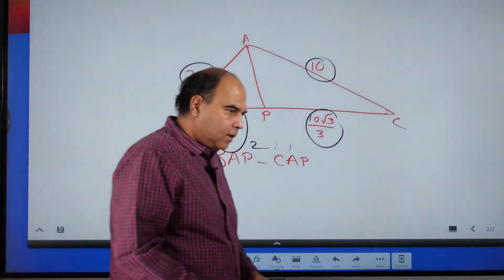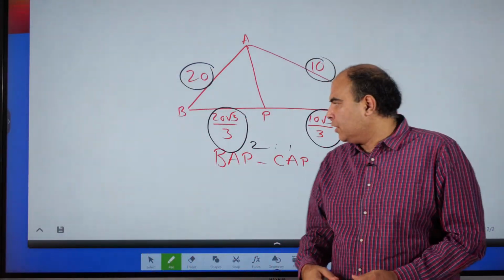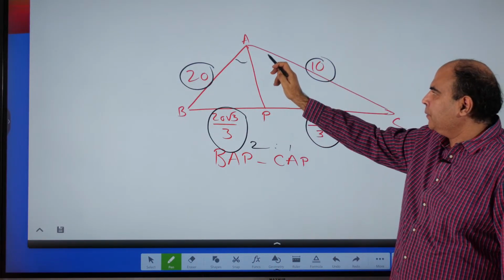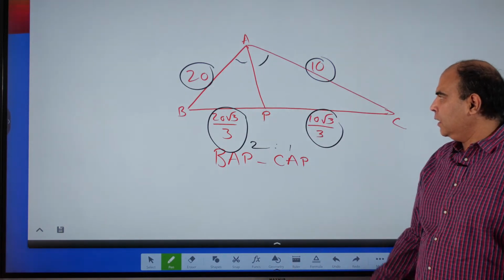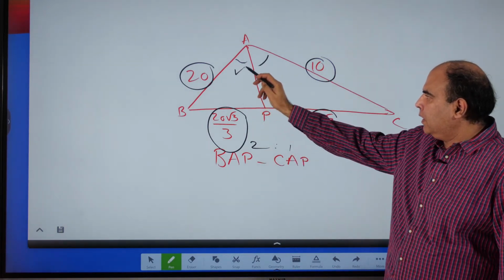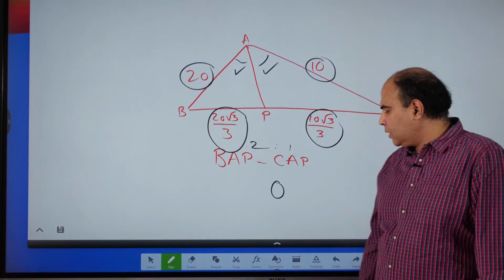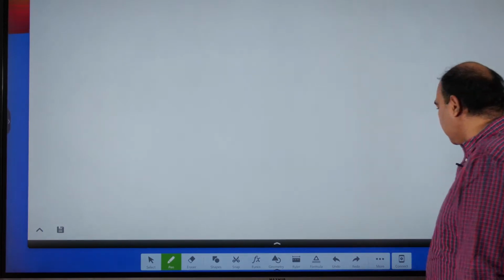Given this ratio equality, you realize that AP must be the angle bisector, and hence angle BAP and angle CAP will be the same, and the difference between them will be 0. This is the solution to this question.